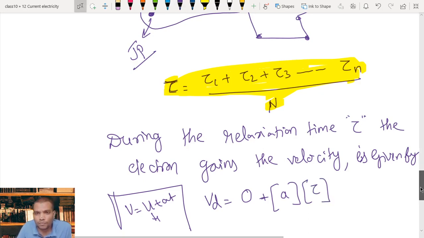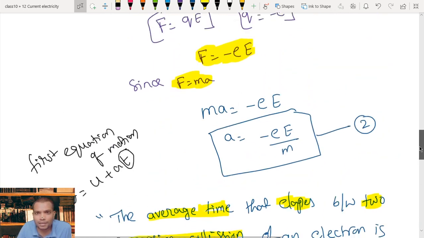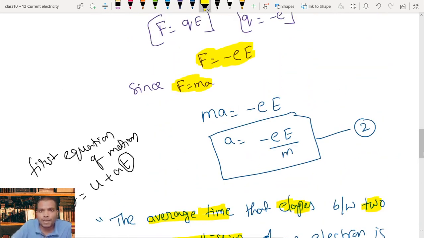Now I got the acceleration value from the second equation: acceleration a equals minus e, the charge of the electron, times the electric field E, upon m.